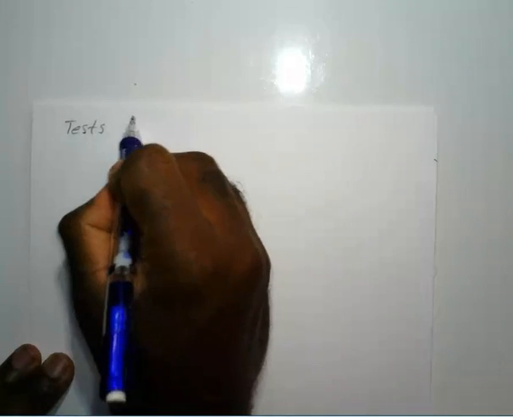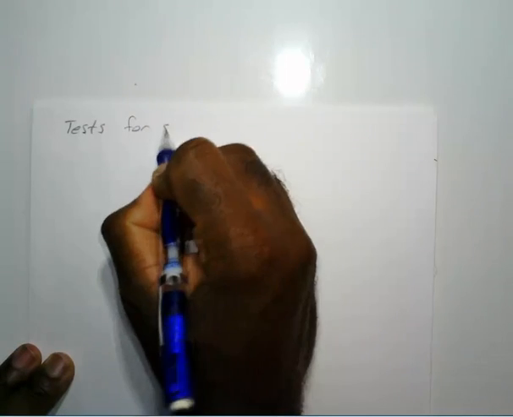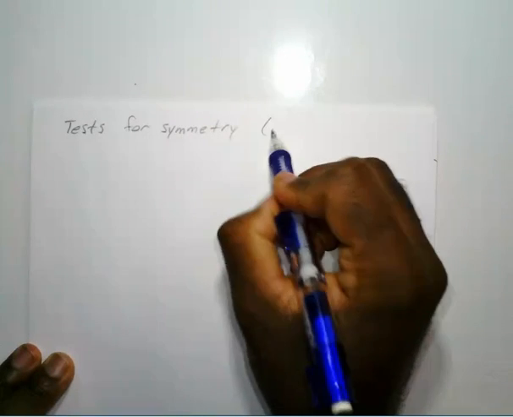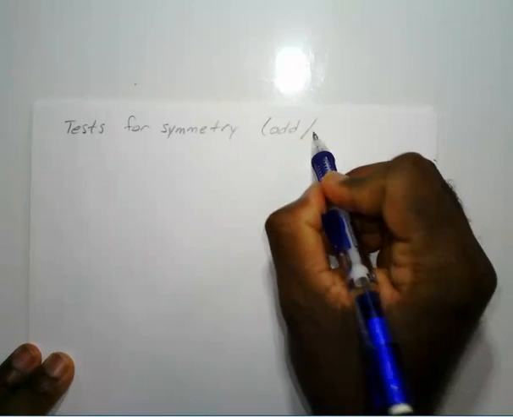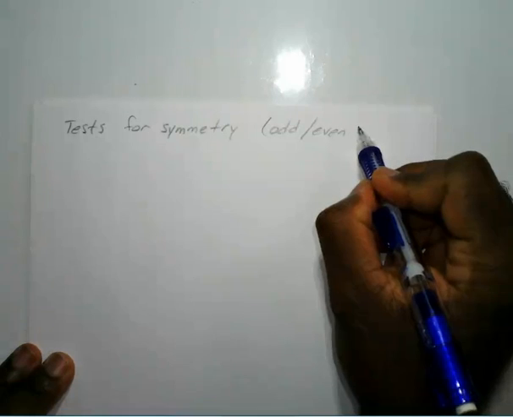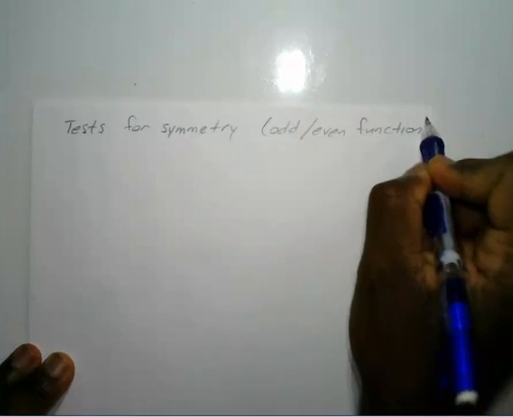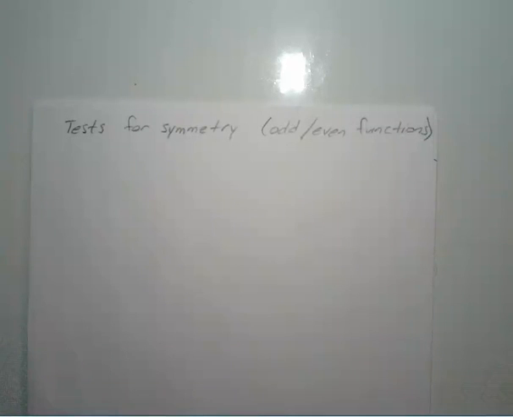Okay, so we have the actual test for symmetry, or in other words, you have your odd and your even functions. Starting off, we'll look at the test for an even function.